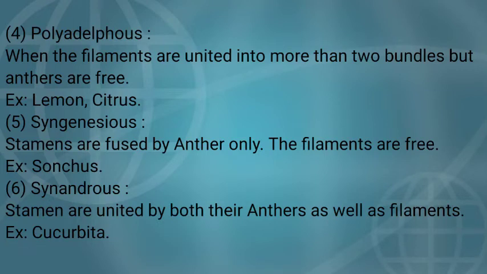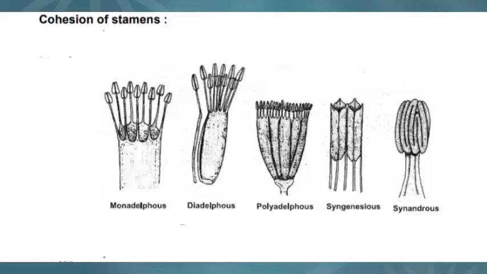Example, sunflower. Sixth one, synandrous condition. In this condition, all the stamens are united by both their anthers as well as filaments. Example, Cucurbitaceae family plants like Cucumis and Cucurbita. Let's see the diagrammatic representation of cohesion of stamens. In monodelphous, all filaments are fused into one bundle, anthers are free.